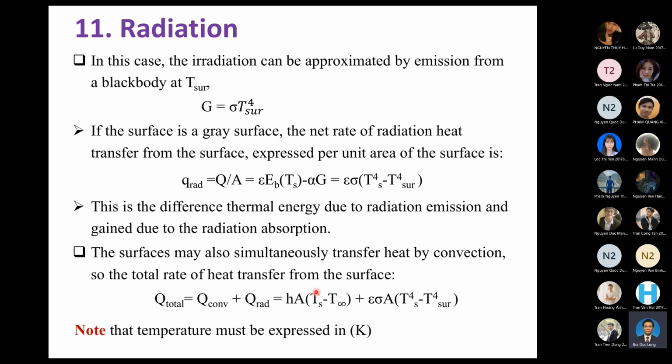Applying Newton's law of cooling, we have h A (Ts minus T environment), plus the heat exchange by radiation. In this equation we have the total heat exchange from the body surface to the surrounding environment.